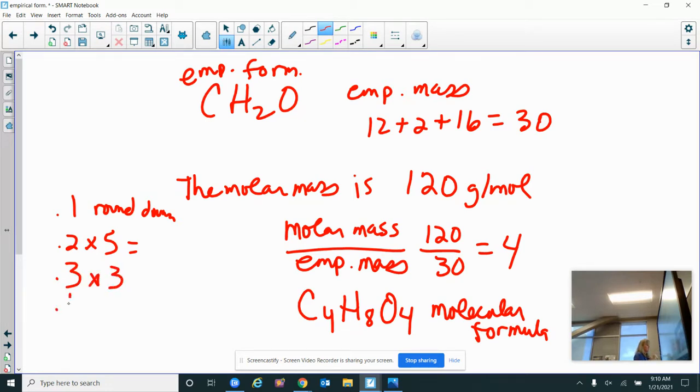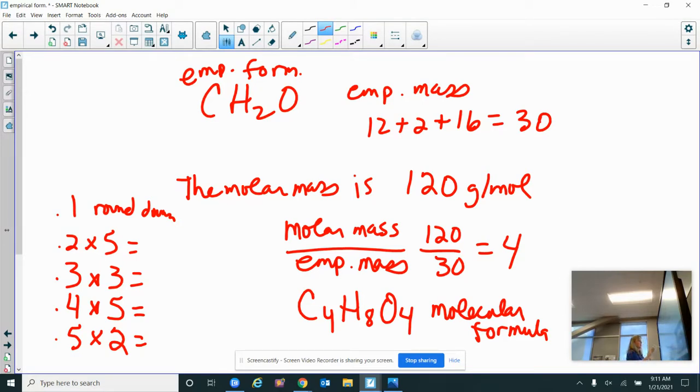If one of them ends in 0.4, we have to multiply them all by 5. If one of them ends in 0.5, like we just had, we multiply them by 2. Okay, so we're getting to a number that ends in either 0, 1, or 9, because that's close enough to a whole number.